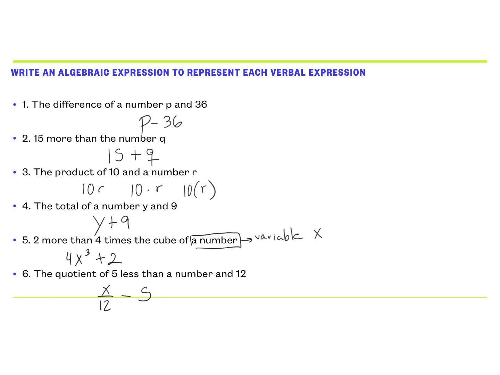Even though this one is not written the way we wrote it down on the equation, this would be the way it would work. I'm going to write it up here for the recording, just in case it gets cut off. The reason I wrote it with the x over 12 first is because they're asking for the quotient and they're asking for it to do 5 less. So they're subtracting 5 from whatever the division is.